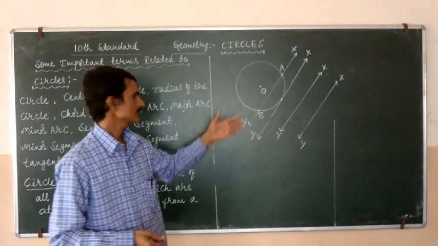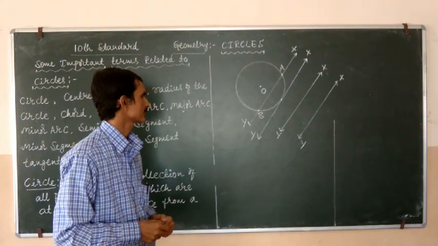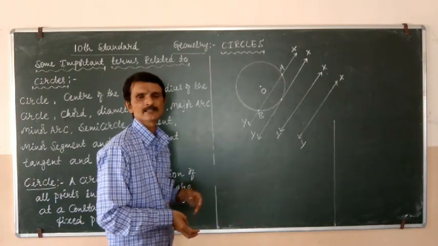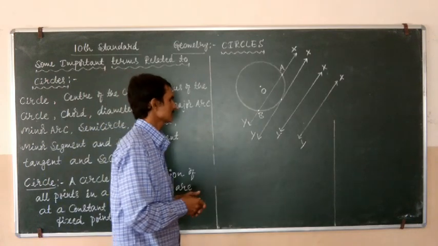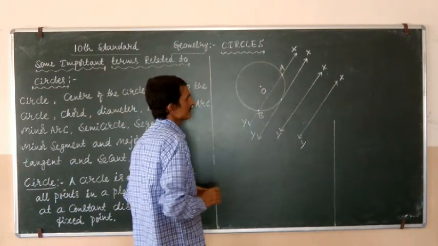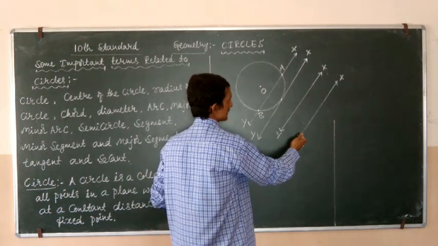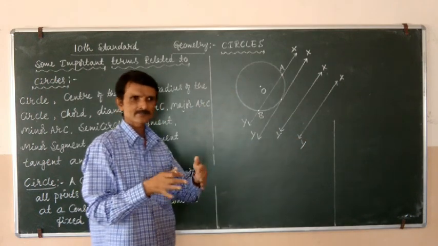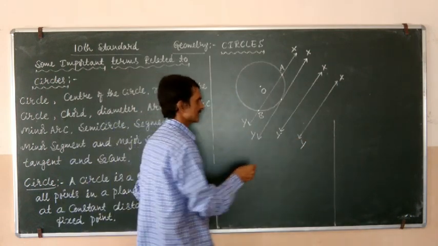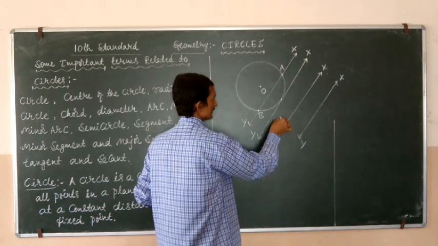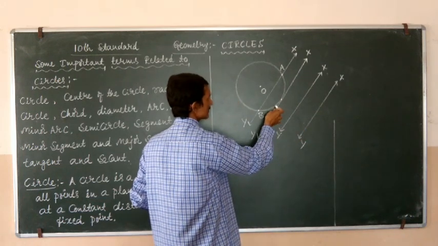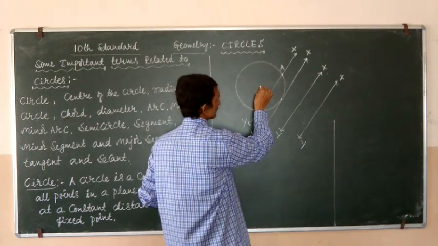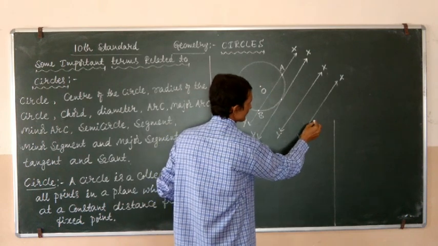Students, now if you observe this diagram, in this diagram, O is a circle with center. So it is a circle with center O. So if you observe these line segment XY, here I have used the same name for the line segment XY. If you observe this line segment from the center, so here it is in figure.